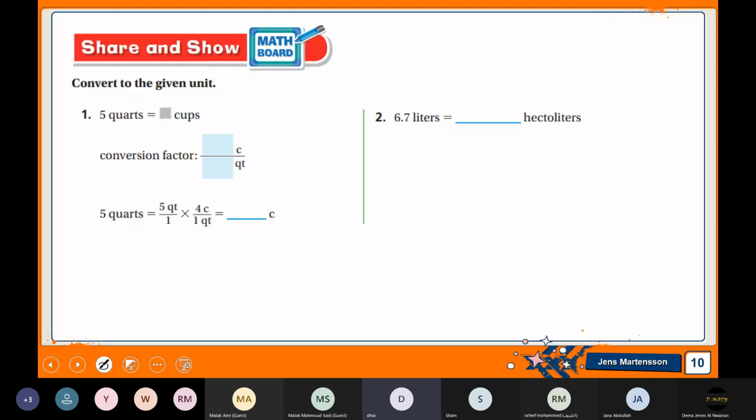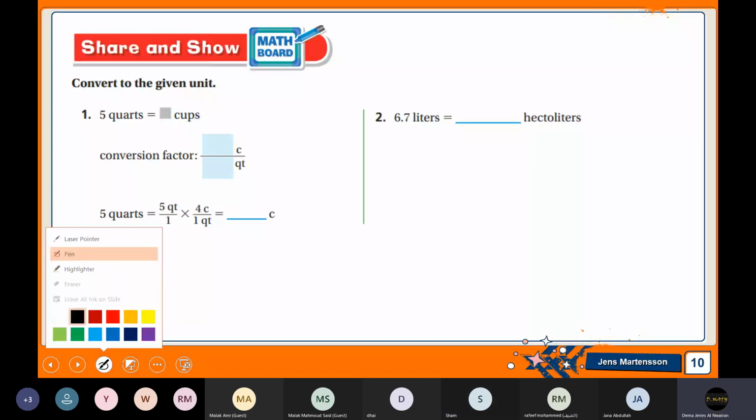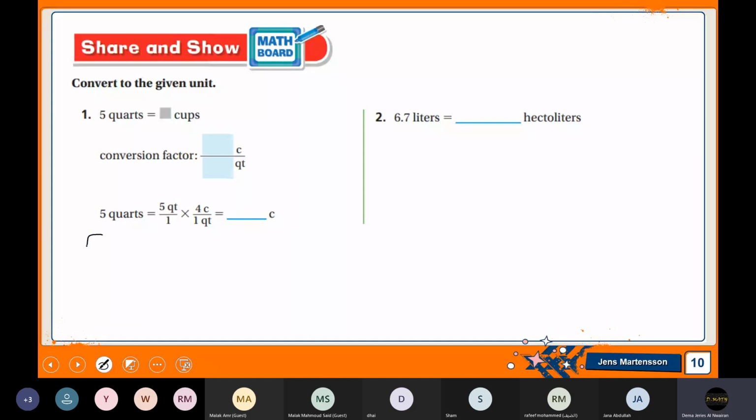Now where is Dai? Yes, teacher. Here, 5 quarts in number 1, page 323. 5 quarts. How many cups?